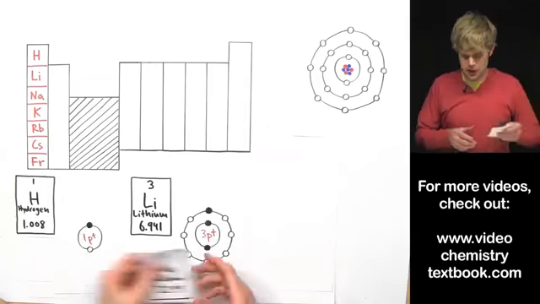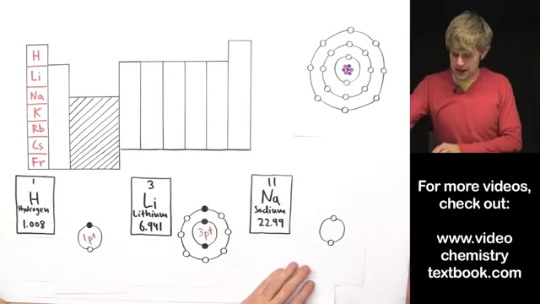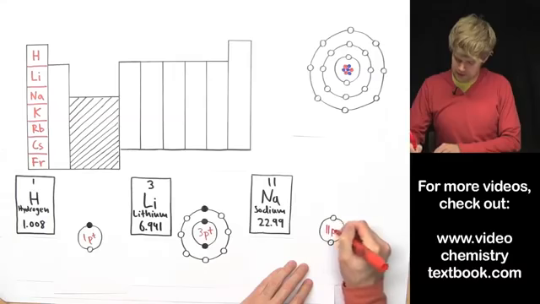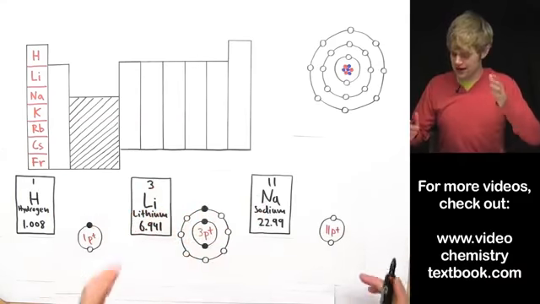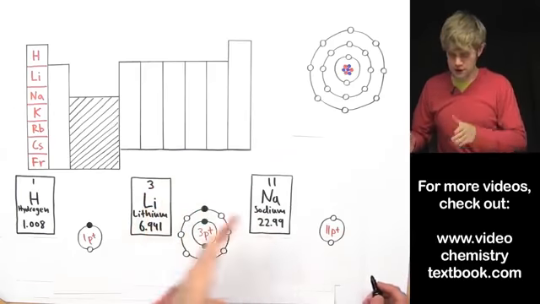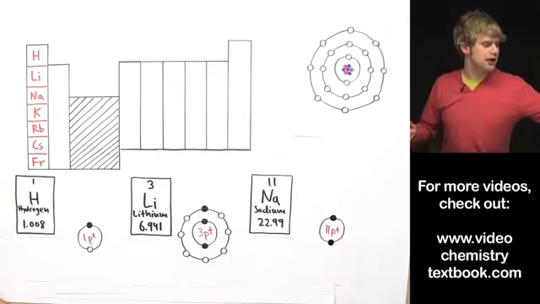Now, let's look at sodium. Sodium has 11 protons in its nucleus, 11 P plus, and since we're assuming that it's neutral, it has the same number of electrons as protons. So let's start filling them in. 1, 2 in the first energy level.